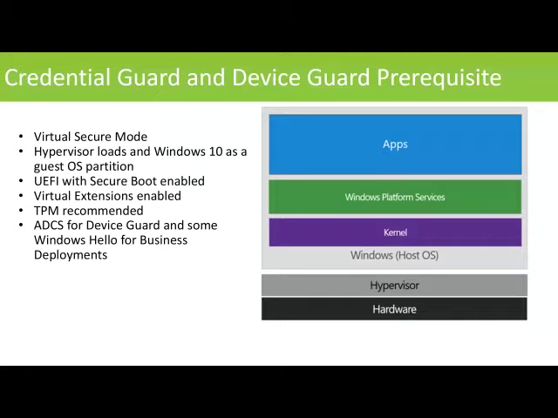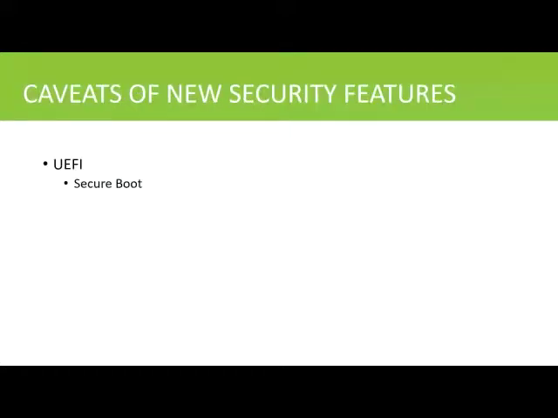TPM is recommended, but it can be done via software, but Microsoft still recommends having a physical TPM chip. And there are going to be some additional components like Active Directory Certificate Services involved for Windows Hello for Business and Device Guard. But if we flip on into a couple more caveats of the new security features, again, UEFI, Secure Boot, support for virtualization technology on your endpoints, and keep in mind to look at those BIOS/UEFI versions.